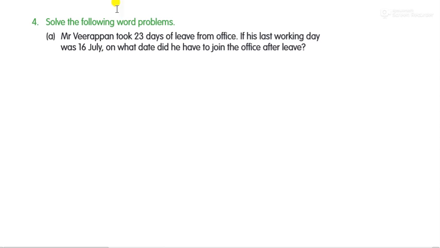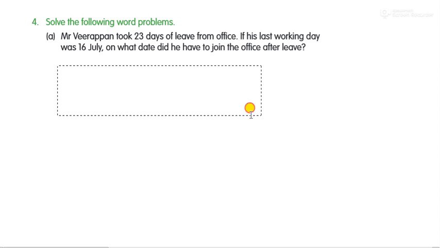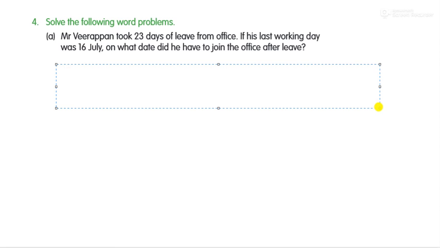Here write down: Mr. Birappan was not on leave on 16th July, so it is not part of the 23 days of leave.